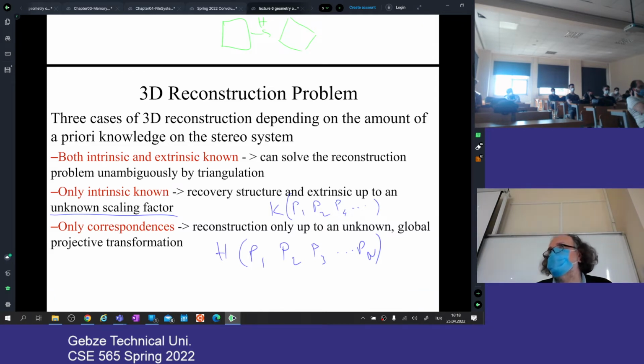You are going to multiply it with this homography, and that will give you the real P values. So I'm not going to go into details of these again. I am just telling you the final results for the reconstruction. Good. Any questions so far?